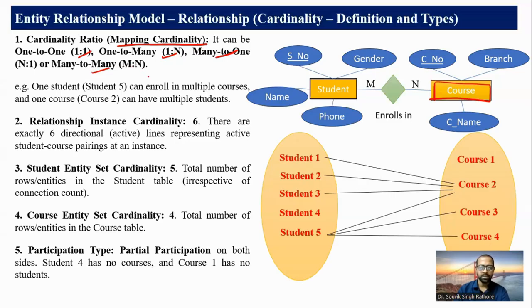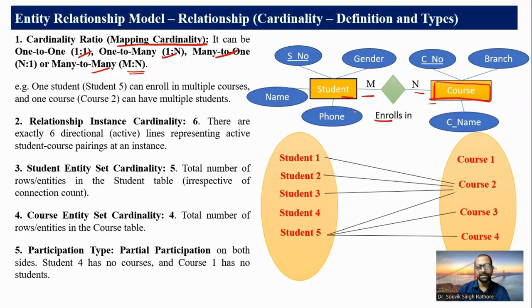In our example, we have a many to many relationship denoted by M is to N. But why? This is because one student can enroll in many courses and one course can have many students. Therefore, we represent the relationship as student M enrolls in N courses.